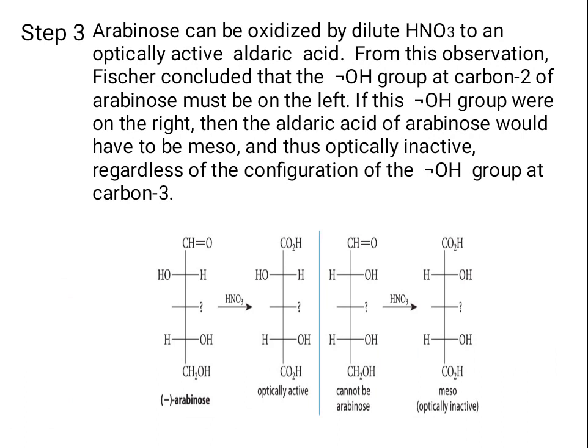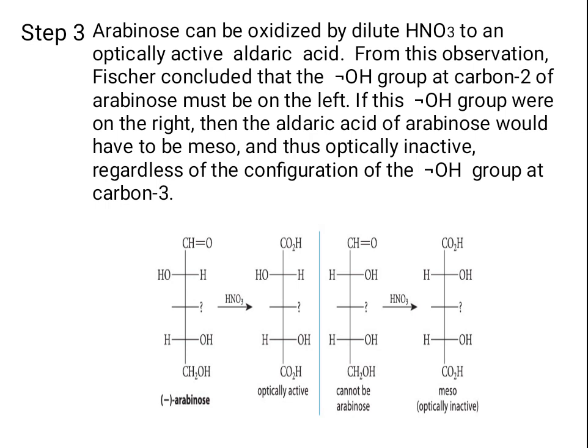Now step 3. Arabinose can be oxidized by dilute nitric acid to an optically active aldaric acid. From this observation, Fischer concluded that the OH group at carbon 2 of arabinose must be on the left. If this OH group were on the right, then the aldaric acid of arabinose would have to be meso, and thus optically inactive, regardless of the configuration of the OH group at carbon 3.